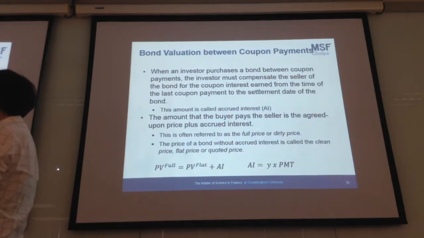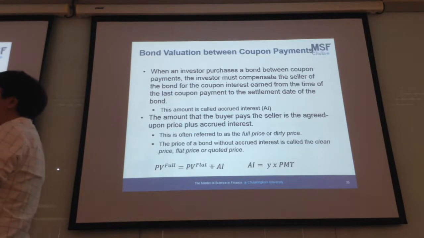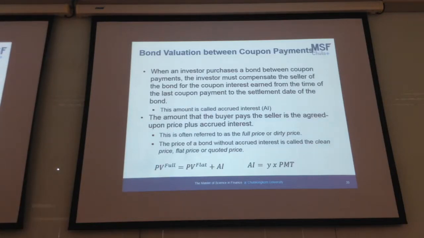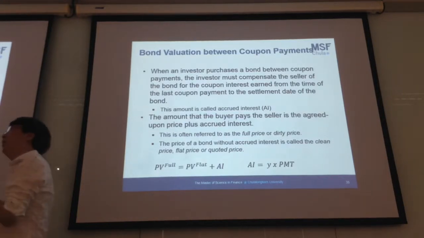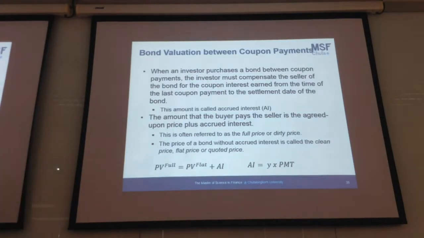In the bond market, as I mentioned, when you submit a buy or sell order, you submit the flat price, or what we call the quoted price. You don't submit the full price. Suppose you quote the price of the bond equal to 110; you are submitting the flat price.